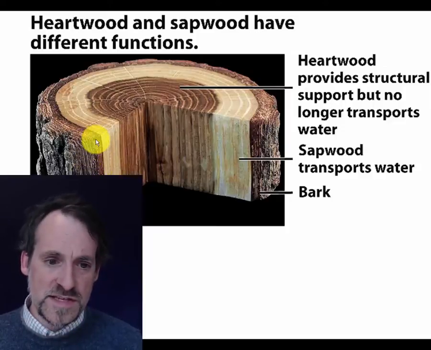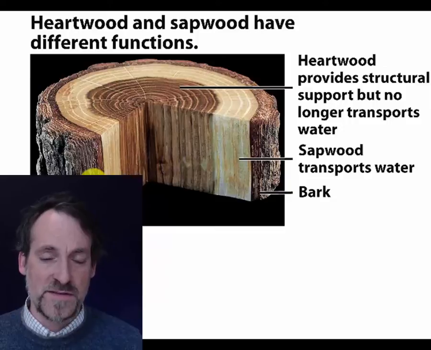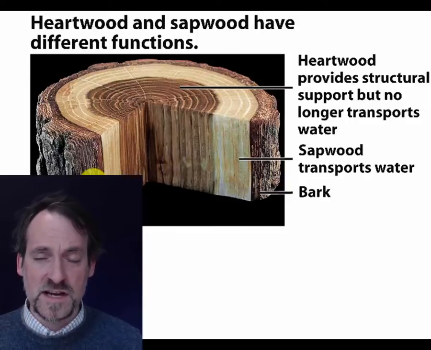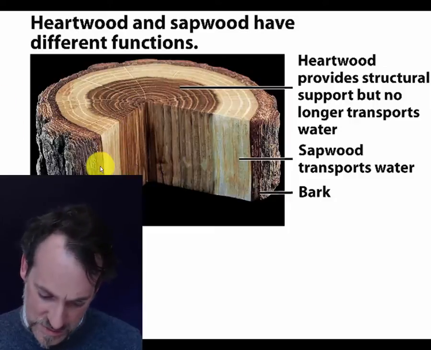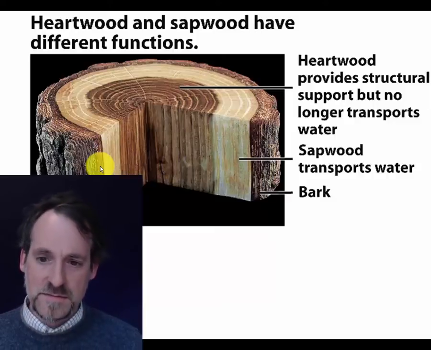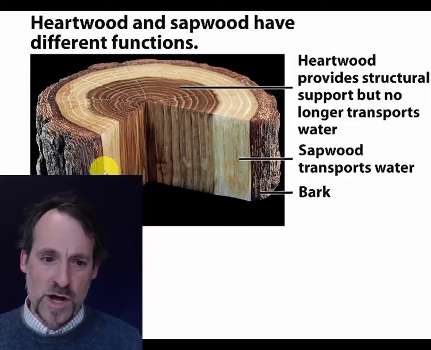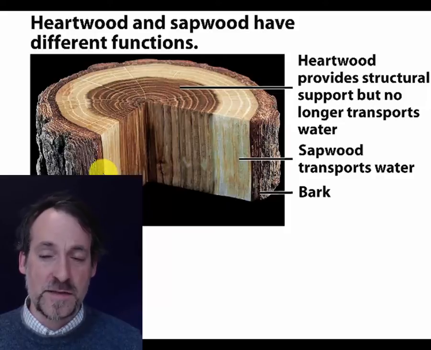Together with this phloem, the cork cambium and all the dead cells on the outside, those are all what we think of as bark, even though they consist of a number of different cell layers. The sapwood still transports water. The living, growing part of the plant is here in the bark.